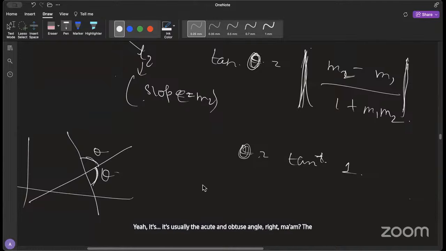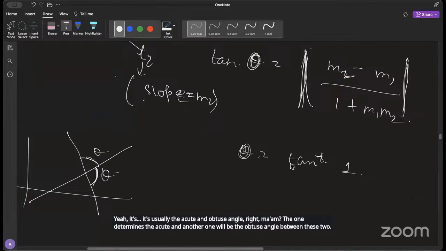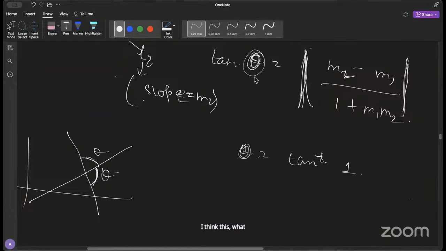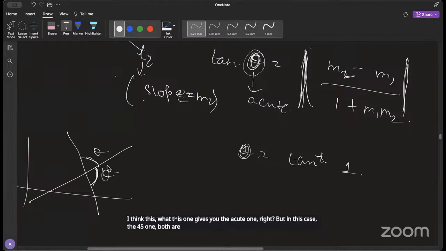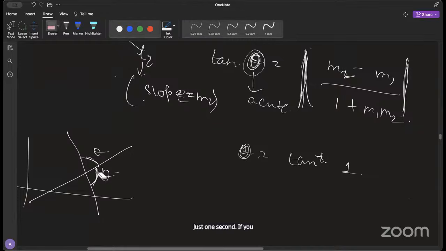One determines the acute and the other will be the obtuse angle between these two. I think this one gives you the acute one. But in this case, both are 45. If this is 45 degrees, the other one will be 135, right? Yes, the other one will be 135.